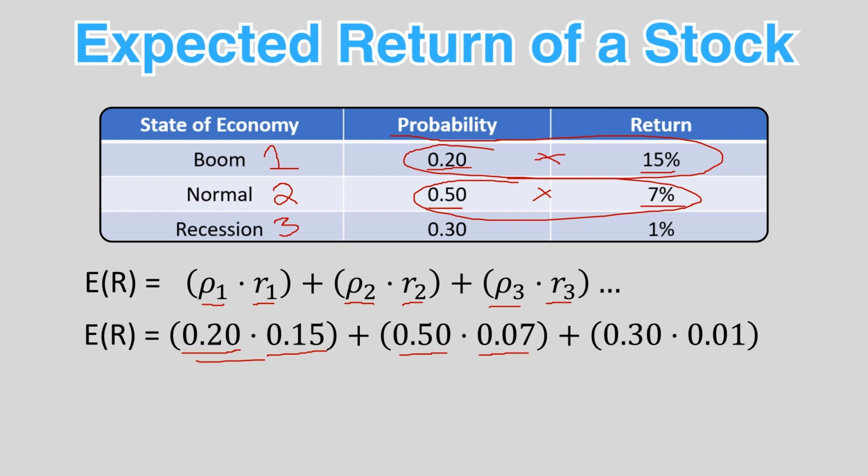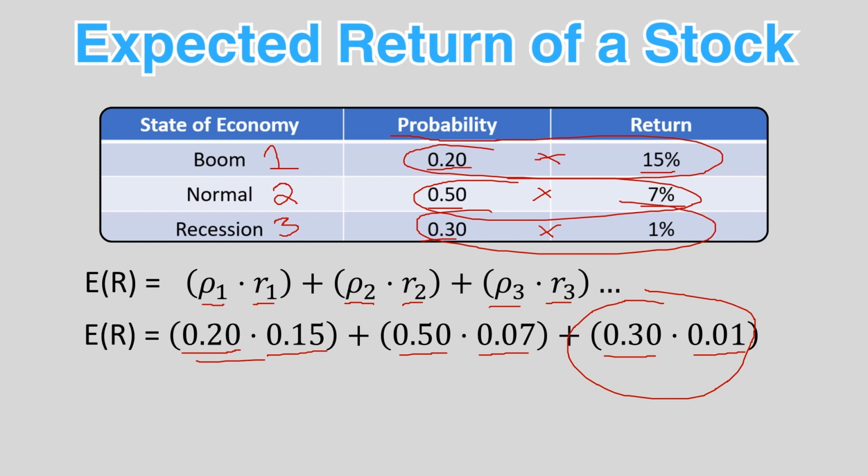And then we add that to the 30% probability of a recession, and we multiply that by the return we get on our stock in the recessionary state, which is 1%. So this bracket comes from here.